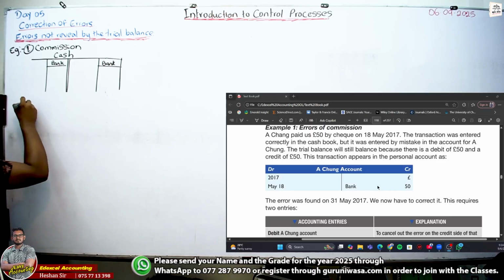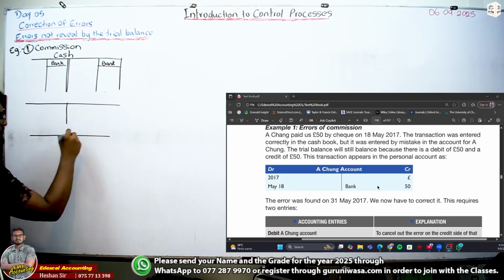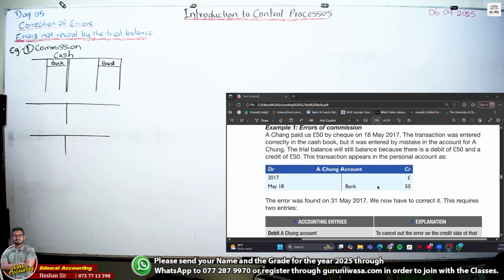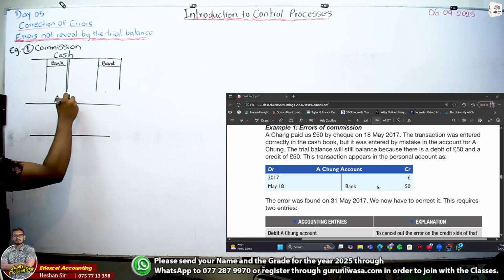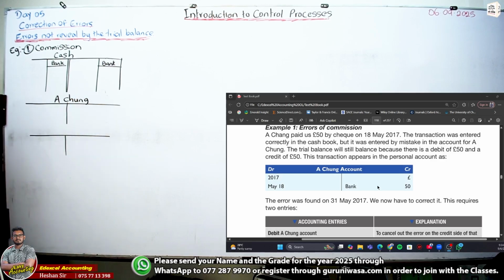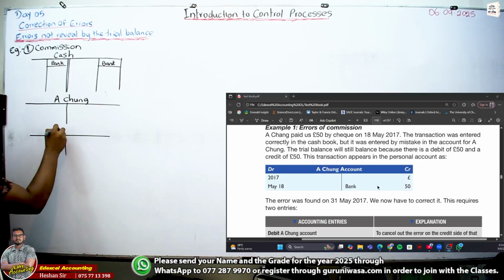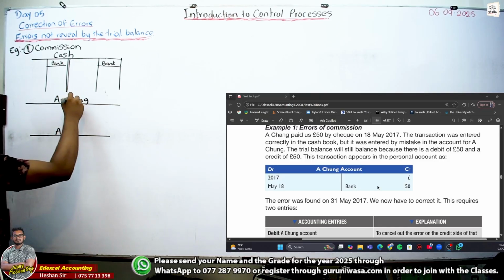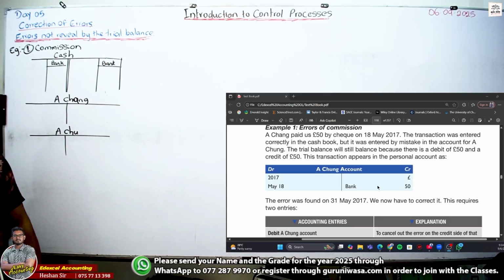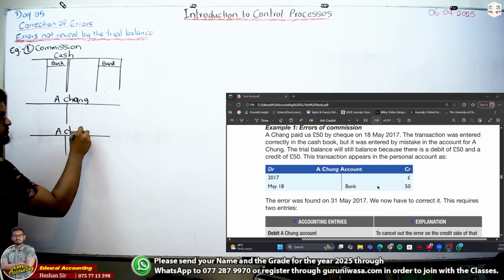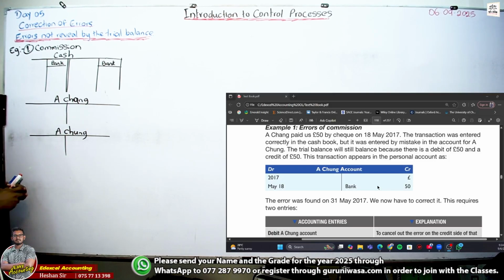Now there are two parties. This is A Chang, and the other one is A Chung. Chang is the correct one, but we recorded Chung. When we receive a check, we debit the bank account. So it's 50.